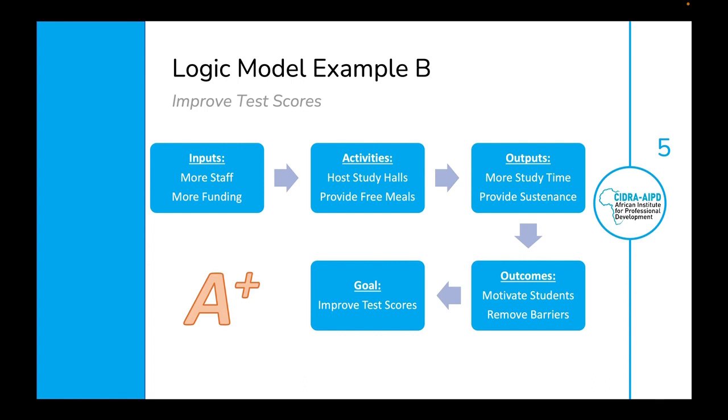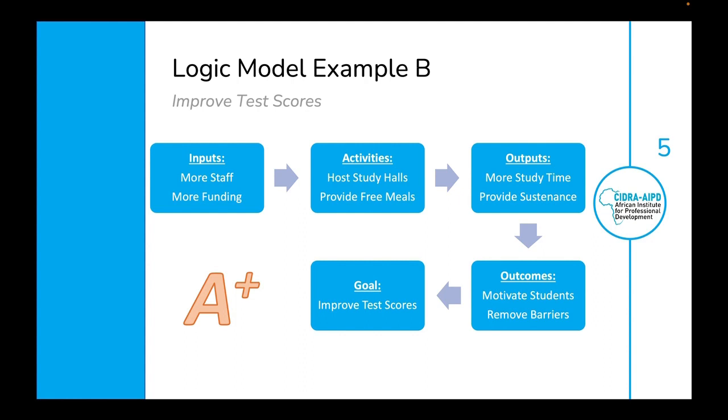In terms of preventing rhino extinction, that's a much broader topic than improving test scores in a lower income community. But just starting with this logic model example, some inputs that you could do to really increase test scores would be more staff and more funding. That's what the organization and the program can do.